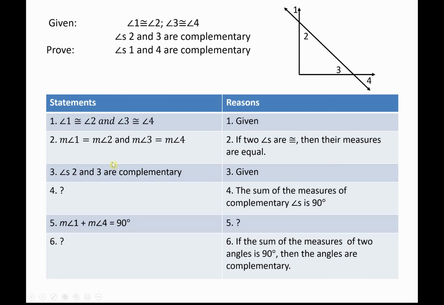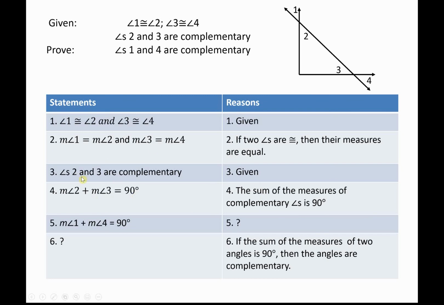Okay. Now, notice that the fourth statement is unknown, but the fourth reason or justification is the sum of the measures of complementary angles is 90 degrees. That's the definition of complementary angles, isn't it? So if this is the justification, what would be the mathematical way that I would represent that? It would be measure of angle 2 plus measure of angle 3 equals 90 degrees, right?